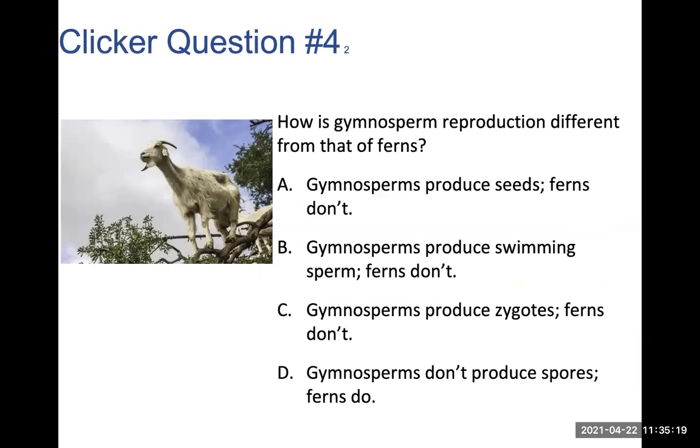There's a question before we move on. How is gymnosperm reproduction different from the ferns?